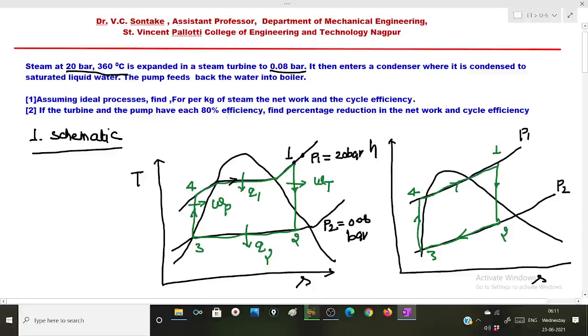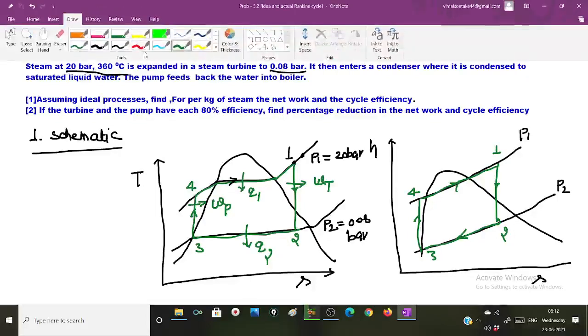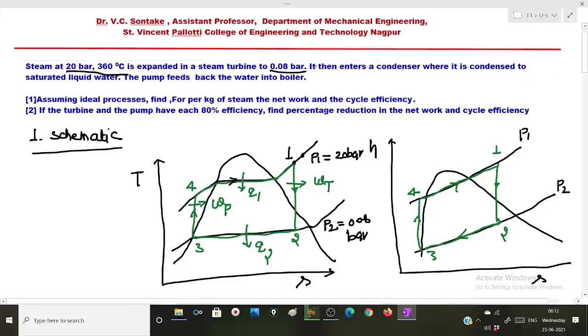Now in our case, number 2 is also given, considering the efficiency of turbine and pump. So I need to represent actual compression and expansion processes considering the limited efficiency of turbine and pump. If efficiencies are given for turbine and pump, the processes taking place in those two components no longer remain isentropic.